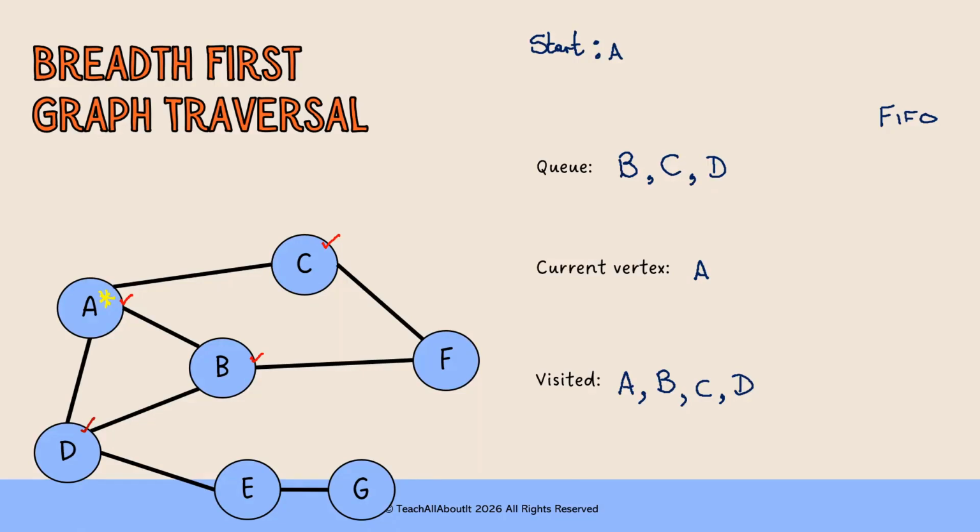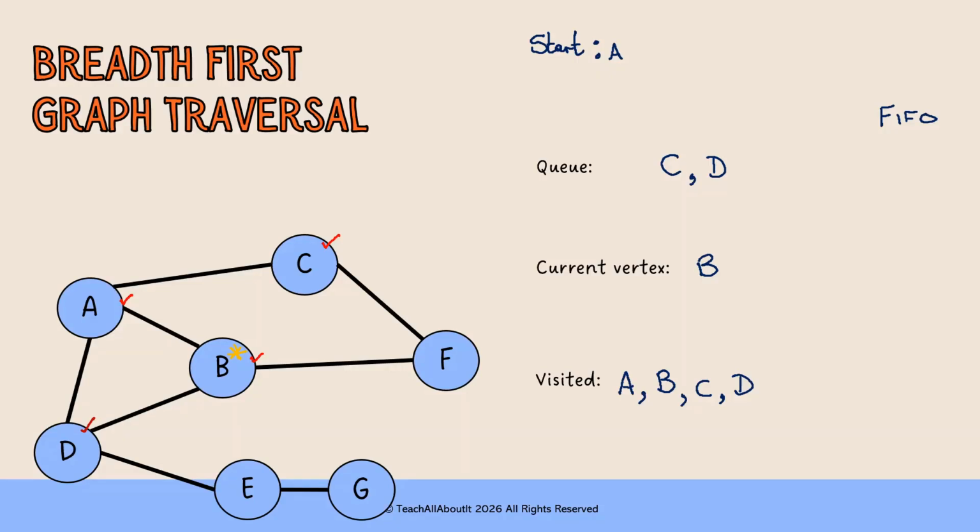So we are going to dequeue B. I'm going to move them along, and then we change the current vertex to B, because we have dequeued it into the current vertex. So we can move our current node over here to B.